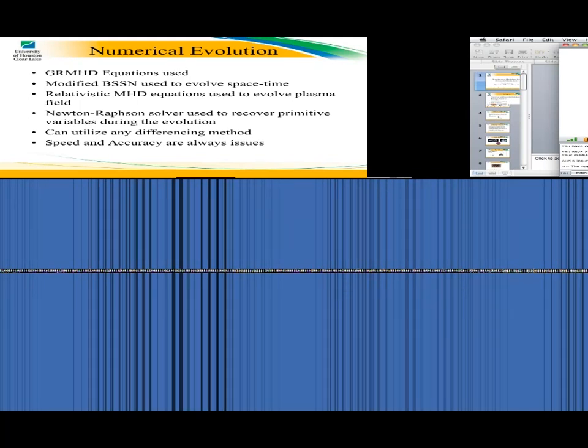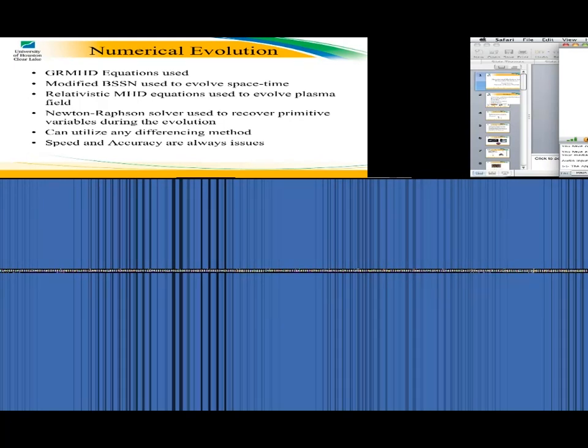Meanwhile, I've written the code in such a way that we can utilize any differencing method, since all the differencing is done outside of the primary loops. So we can change the finite differencing, for example to different orders of differencing. We can obviously put in a spectral method if we needed more accuracy but didn't care as much about the speed.